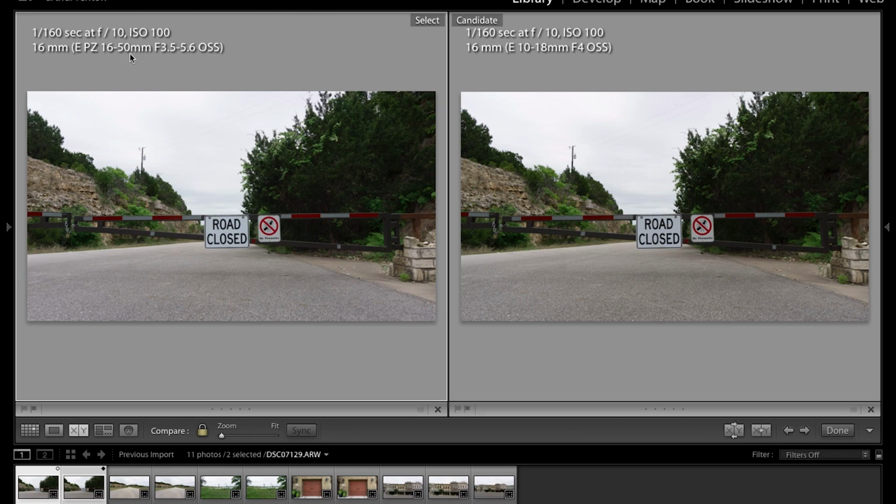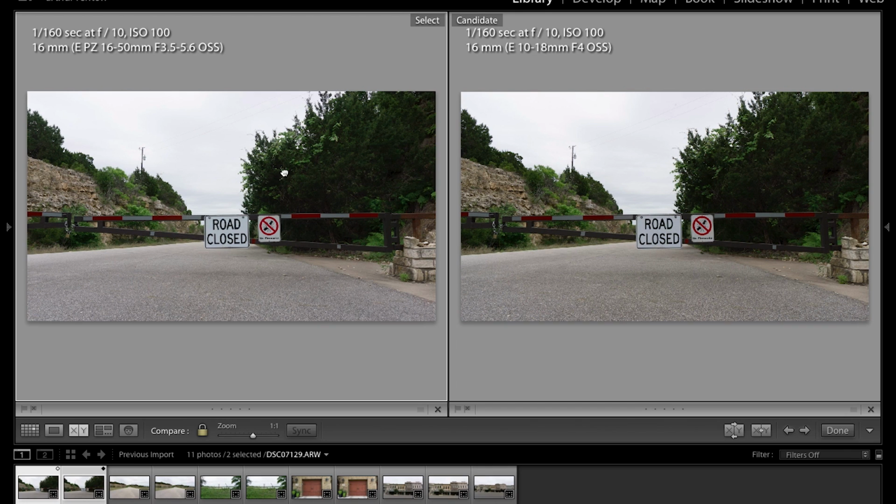The 16-50 kit lens will be on the left and the 10-18mm wide angle will be on the right. Now the majority of these shots, in fact all but the last one, are shot at 16mm. So the purpose of this is really just to compare sharpness at 16mm because I was curious.